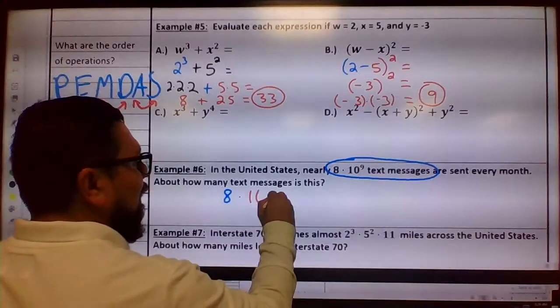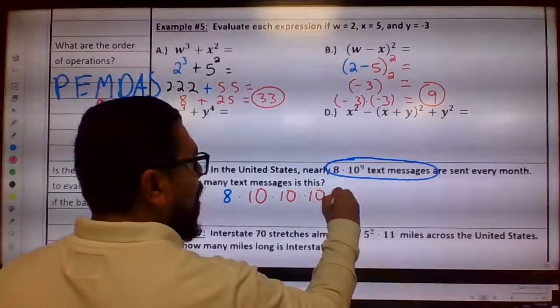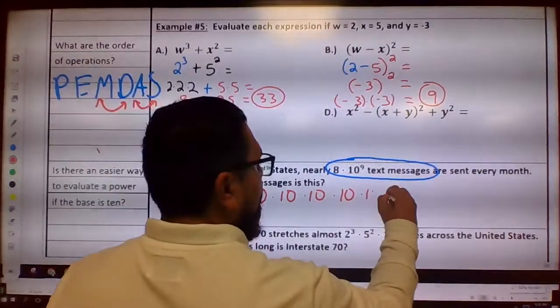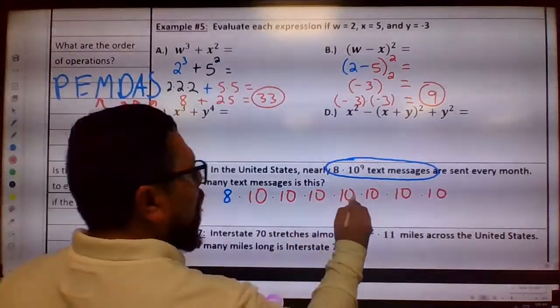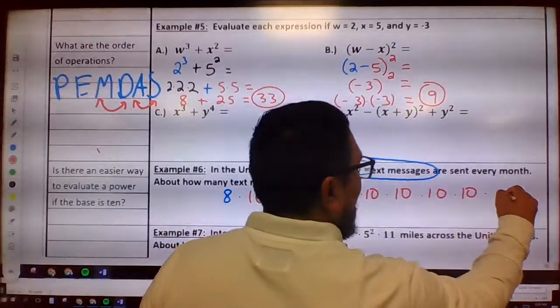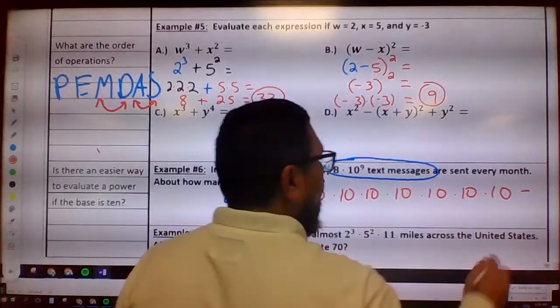So times 10, times 10, times 10. Keep going. 1, 2, 3, 4, 5, 6, 7, 8, 9. Okay.